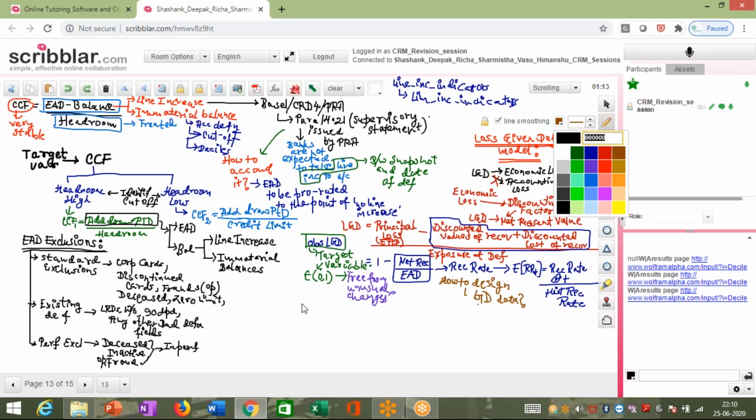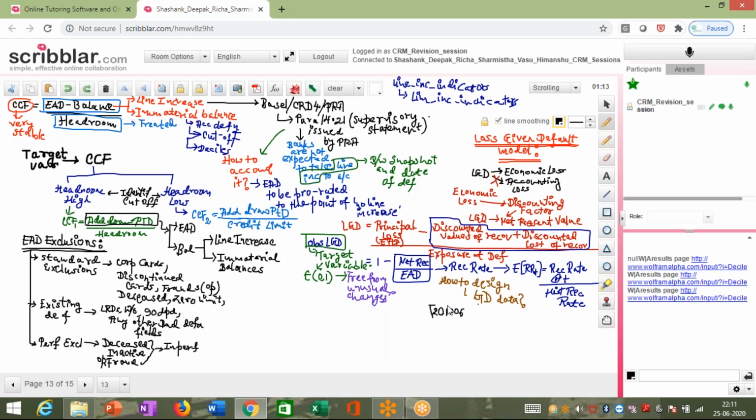So let's use an example. Let's say there is a set of accounts where we are standing on 2017-06. As on 2017-06, that is the snapshot.